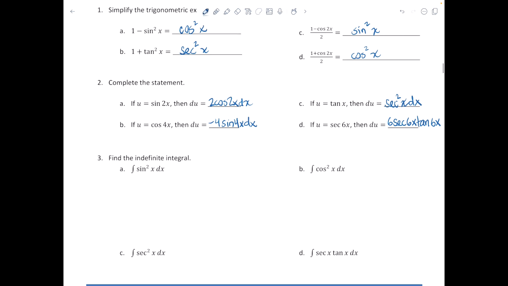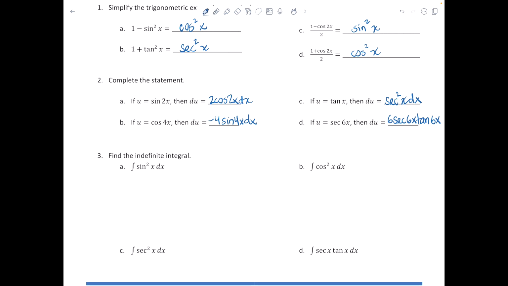Now these are some of the basic integrals we'll end up using. So this one, if you have sine squared at x dx, the sine function is alone and squared, we have to use that power reducing formula. So that's going to be the integral of 1 minus cosine at double the angle, which is 2x in this case, all over 2 times dx.